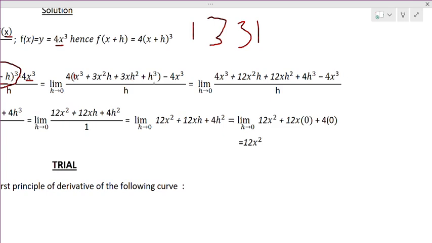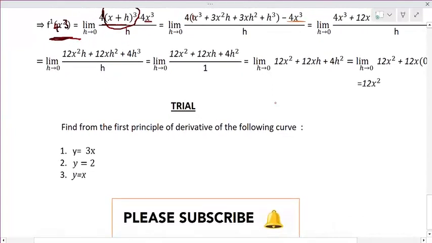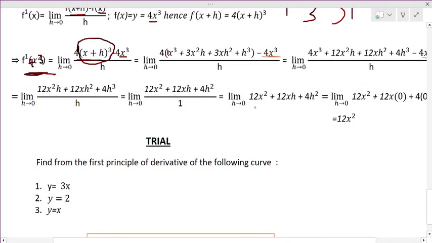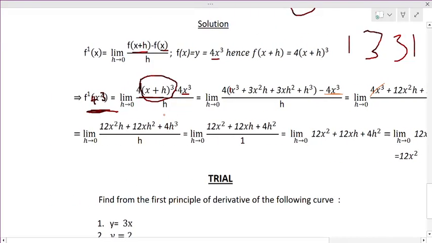Then 4 times h cubed will give you 4h cubed, minus 4x cubed, all over h. And we are still maintaining our limit. You can see that this 4x cubed cancels this 4x cubed, and we'll be left with this expression.